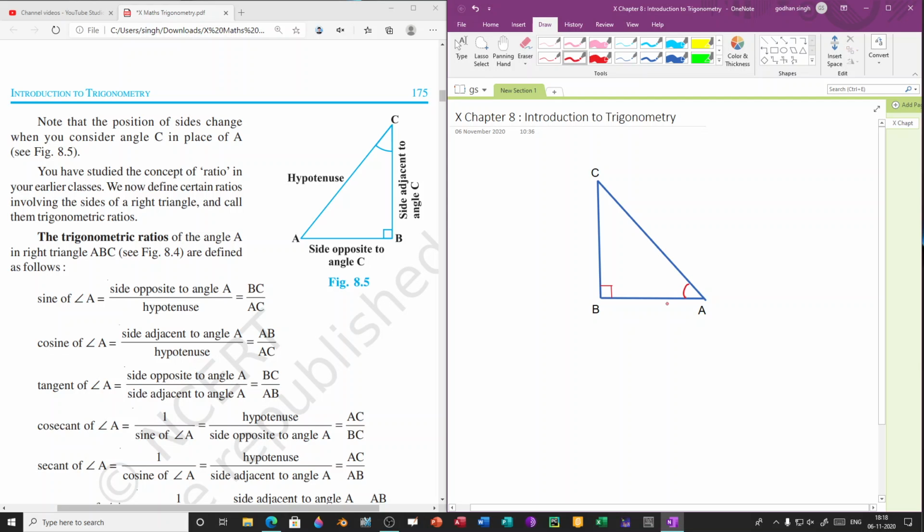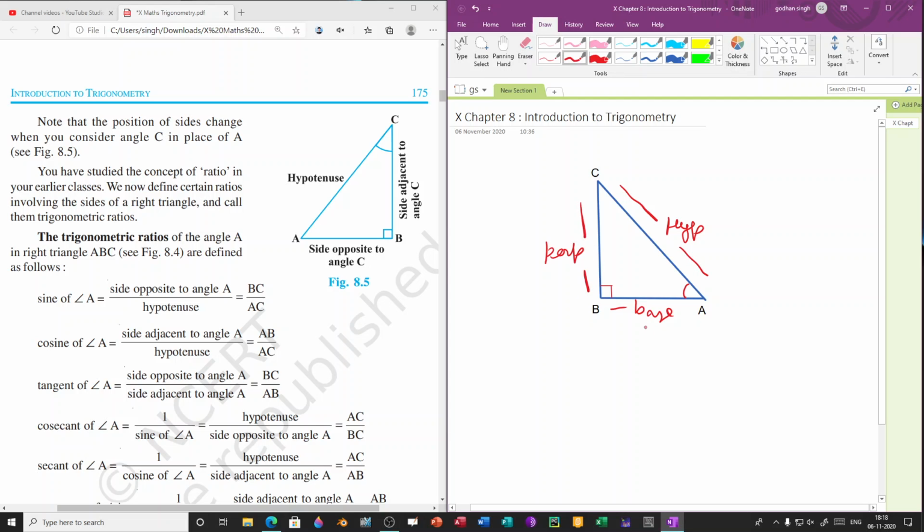We know that the side opposite to the concerned angle is to be taken as perpendicular. So this is perpendicular, and the side opposite to 90° is hypotenuse. So this is our hypotenuse, and the side other than the hypotenuse for which the concerned angle is there is to be taken as base. So this is our base.